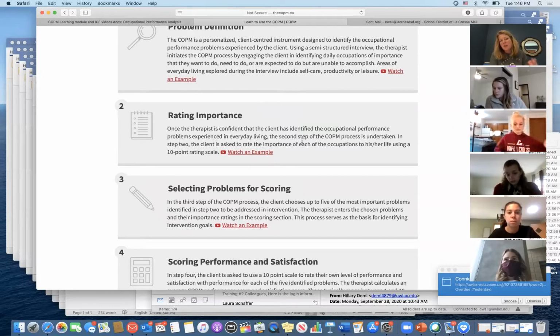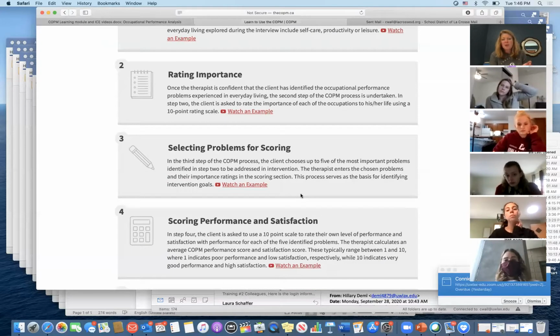You talk about their routines. So the COPM addresses all the same things that we've been talking about. It talks about selecting problems. So picking out, like, what are the top 5 concerns of your client? What are the top 5 areas that they are really most concerned about? And that's what we're gonna try to address in therapy.